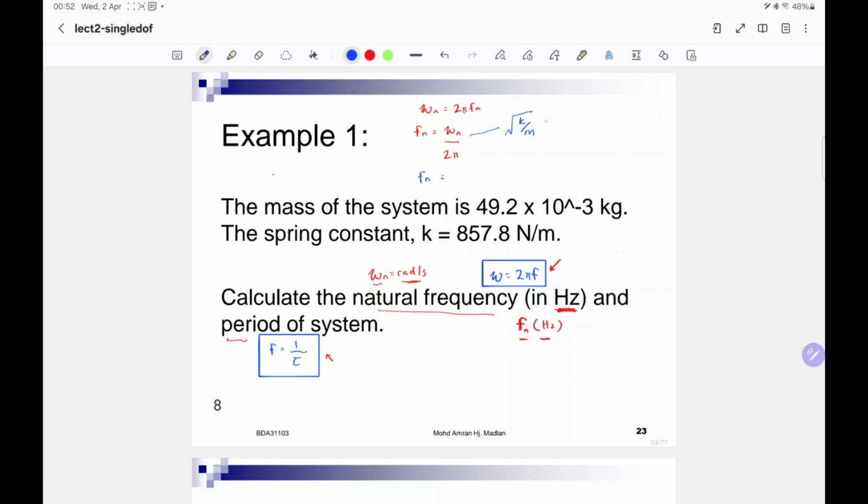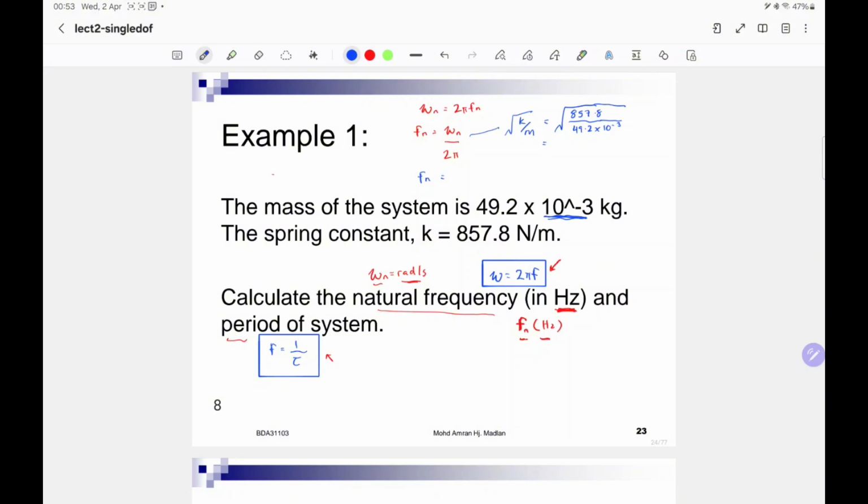We know that omega n is square root k over m. So square root of k, 857.8, over the mass, which is 49.2 times 10 to the power of minus 3. Sometimes students forget to put this one. So don't be careless, look at the question carefully.